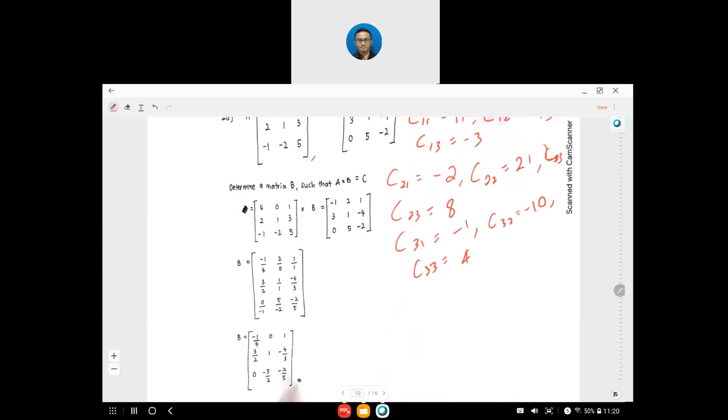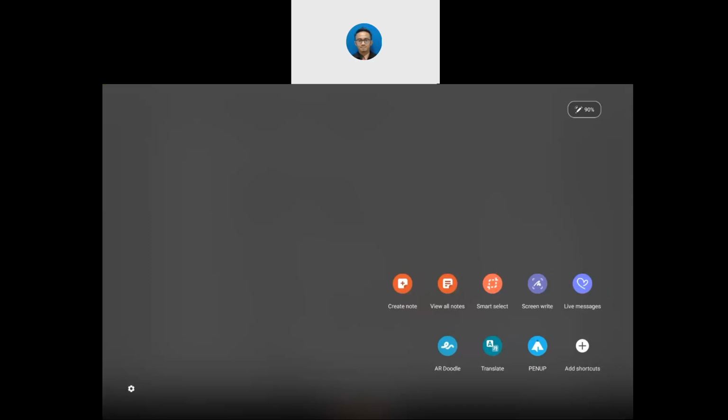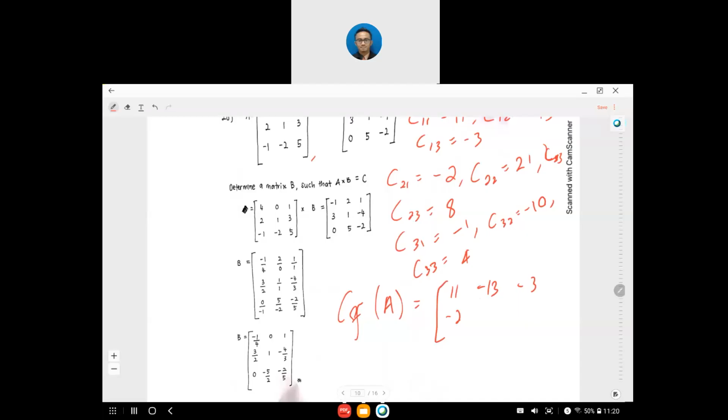Next, you can get the cofactor. Cofactor of matrix A equals, ambil masukkan tu semua: 11, negative 13, negative 3, negative 2, 21, 8, and then negative 1, negative 10, 4. Okay. Next, you need to find the adjoint.